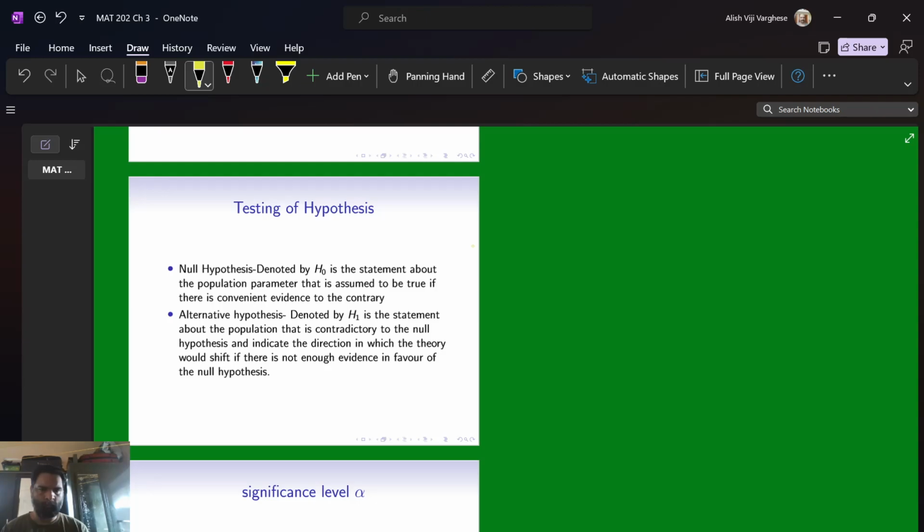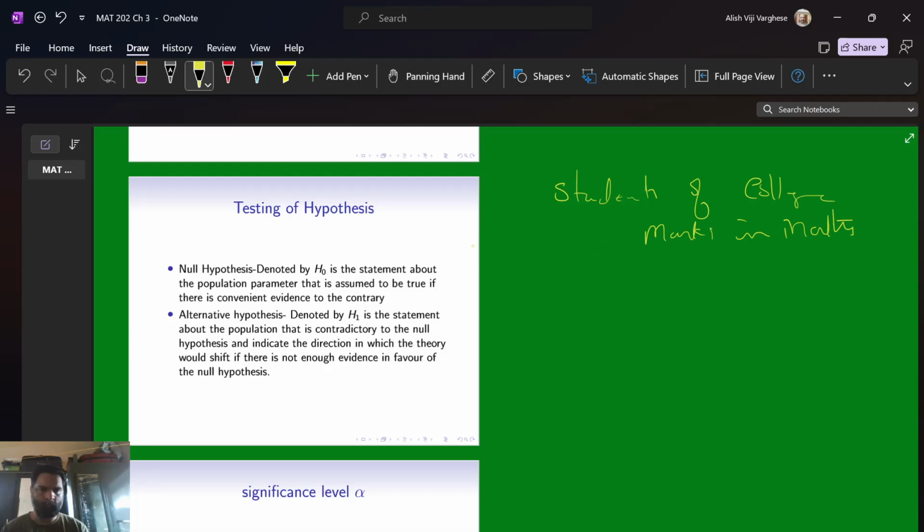Now, let's have a population like students of a particular college. Then I'm interested in the average marks in maths, or the marks in mathematics.